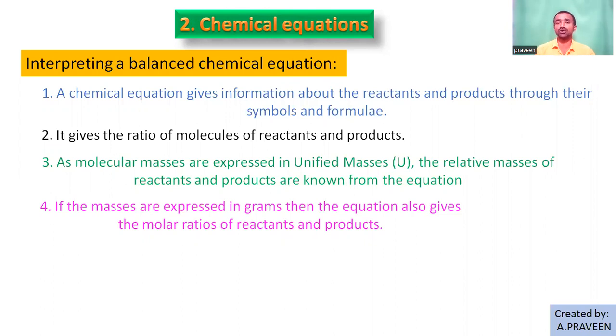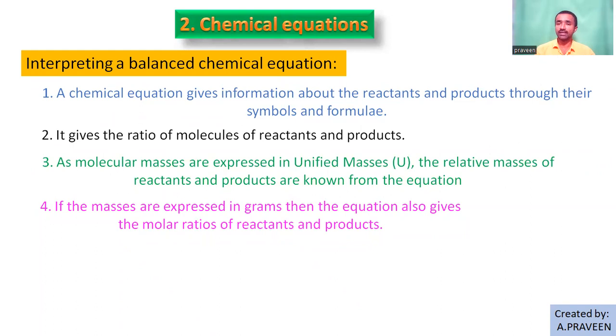Molar ratios also you are able to get, right? Unified masses could be 26 units or 30 units or 40 units; the symbol u we can use. If you write the symbol g beside a number, 20 g, we can read it as 20 grams. So in grams or in unified masses, you are able to express the mass of the compound. So understand the ratios here: molecular masses and molar ratios.